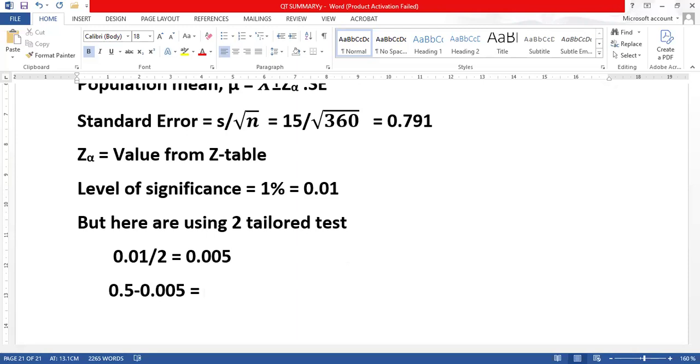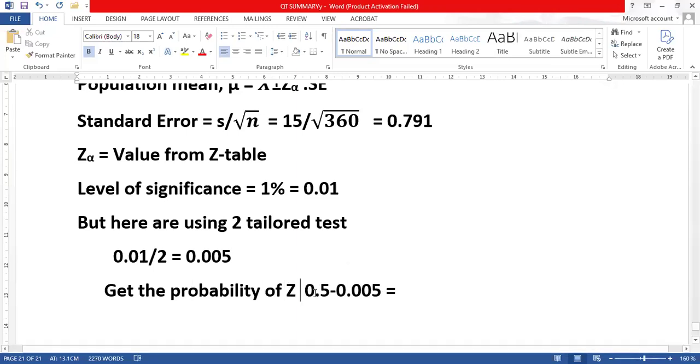Here you are trying to get the probability of Z. This probability will help you to know the value from the table. What is this probability? 0.4495.